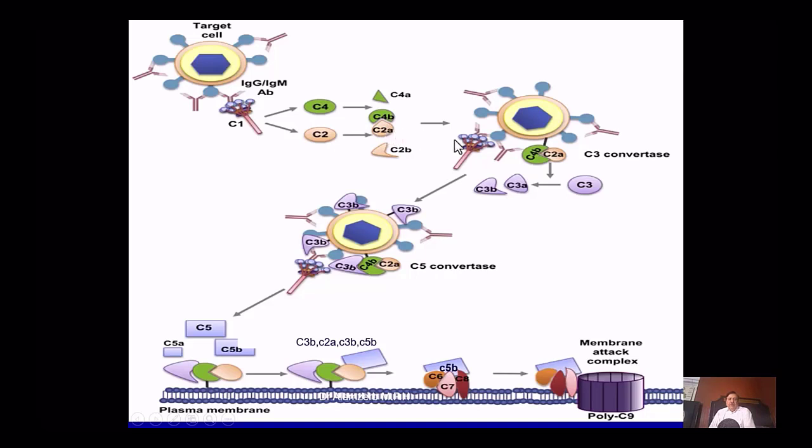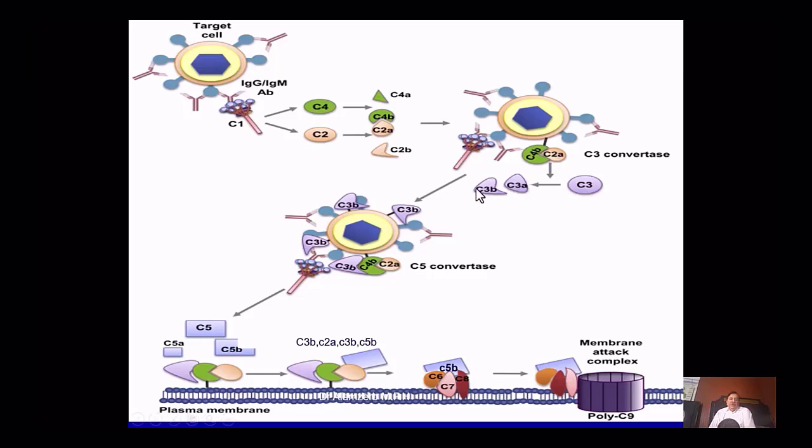This complex is attached to the target cell. This target cell contains antibody, the C4b portion and the C2b portion. This complex is called C3 convertase. So this C3 convertase acts on C3 and activates it.